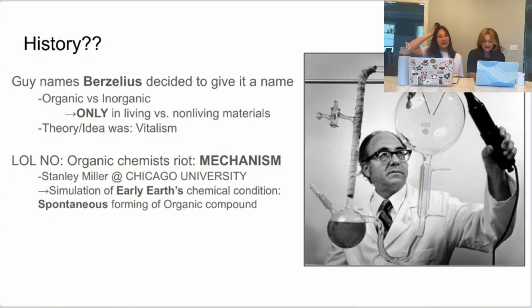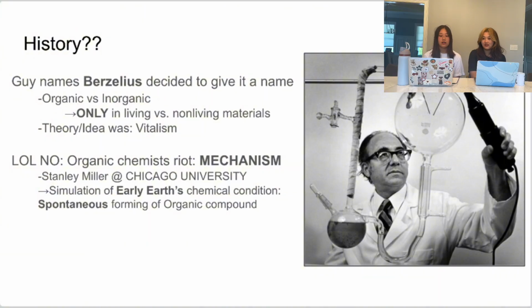That eventually was debunked by Stanley Miller at the University of Chicago, who ran the Miller-Urey experiment, where they replicated early life conditions on Earth and found that molecules and compounds form spontaneously, without the presence of life, because early Earth didn't really have life.